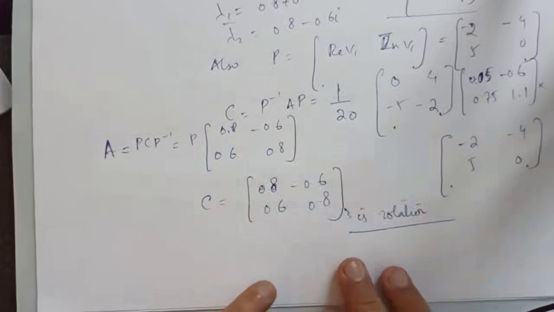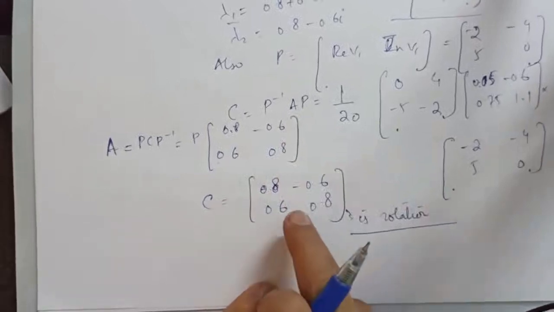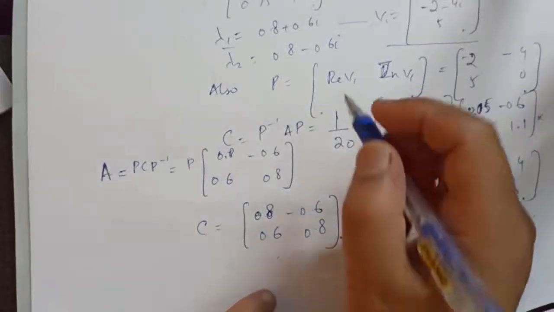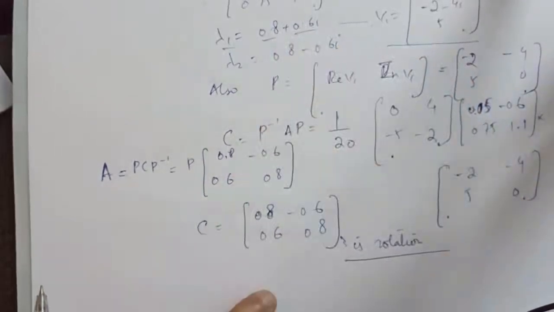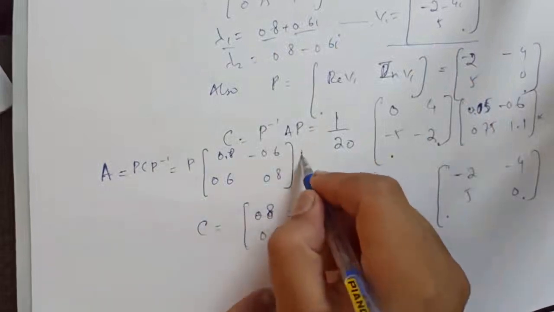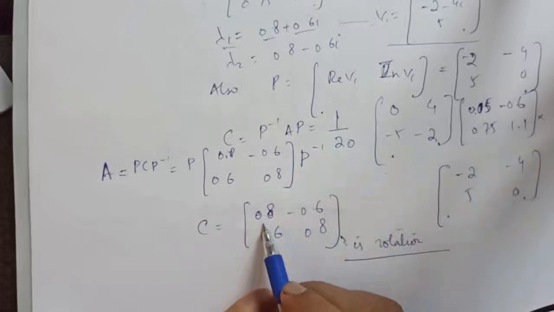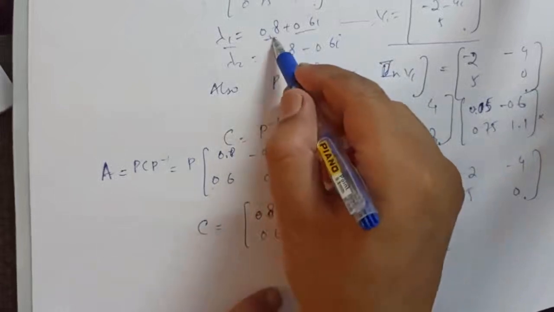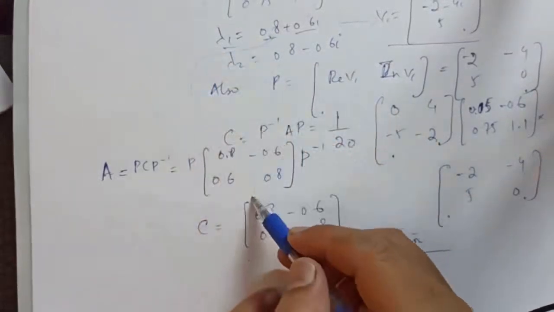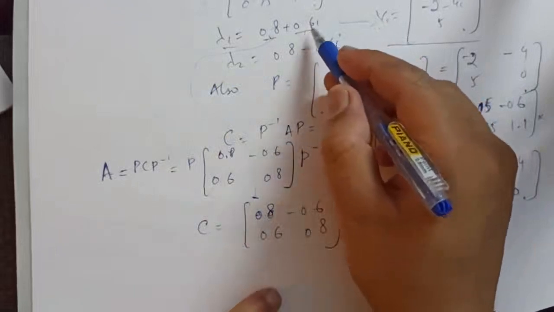Now what you can see over here is that lambda 1 is 0.8 plus 0.6ι, right? And we are getting the same values over here as well, that this is a, and this is actually b.